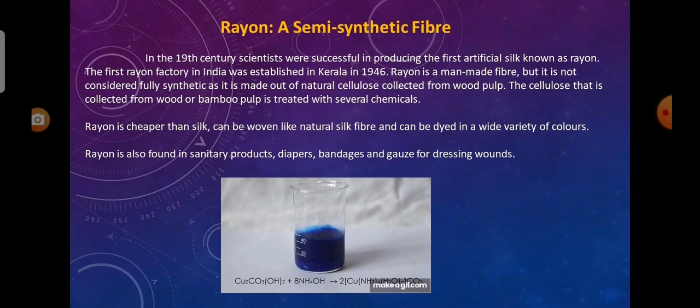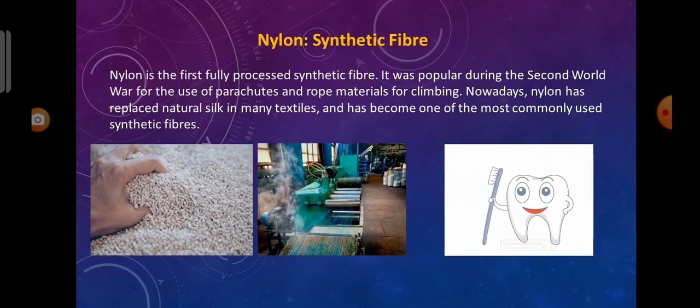The cellulose that is collected from wood or bamboo pulp is treated with several chemicals. Rayon is cheaper than silk, can be woven like natural silk fiber, and can be dyed in a wide variety of colors. Rayon is also found in sanitary products, diapers, bandages, and gauzes for dressing wounds.